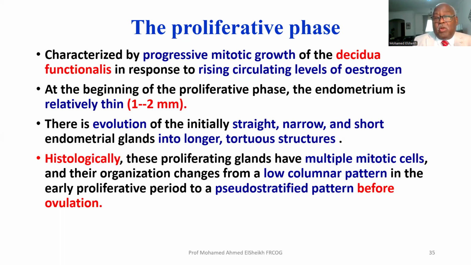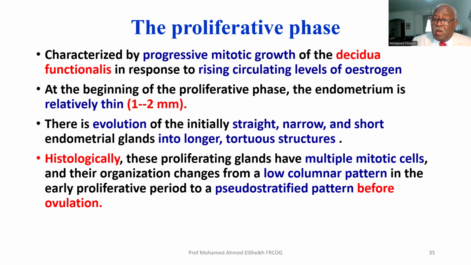But as the proliferative phase progresses, there is evolution of the initially straight, narrow, and short endometrial glands. They become longer, tortuous structures. These are the glands. If you look at this histologically, these proliferating glands have multiple mitotic cells, and their organization changes from a low columnar pattern in the early proliferative period to a pseudostratified pattern before ovulation.